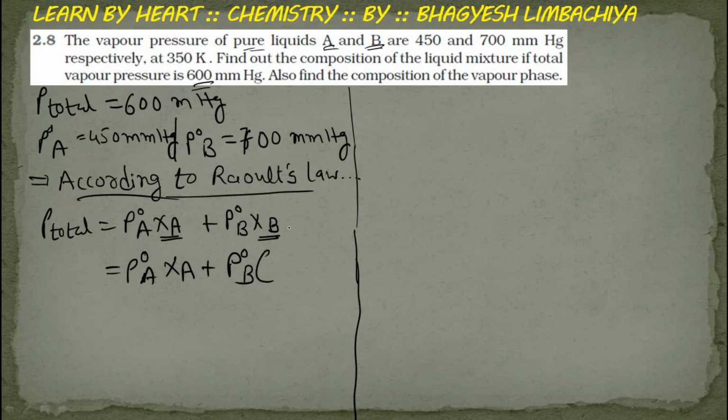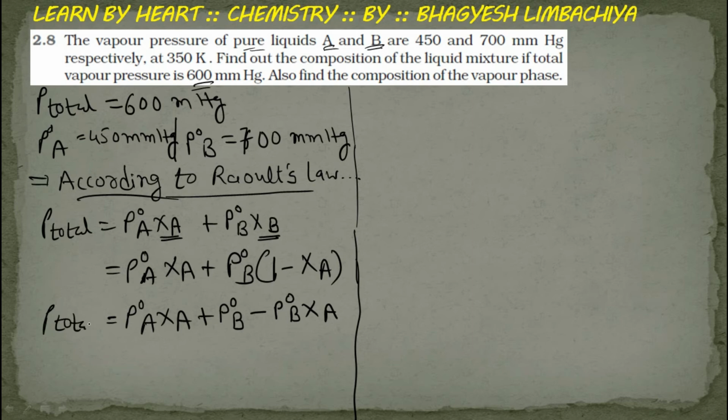So in place of XB we can write 1 minus XA, and here P0A XA plus P0B minus P0B XA, that is equal to P total.